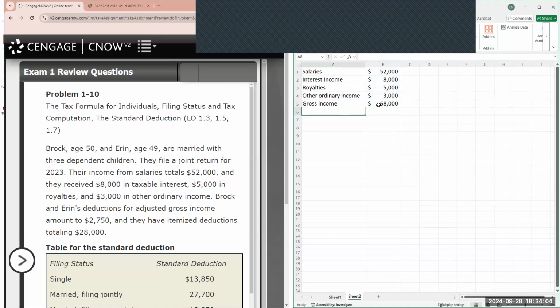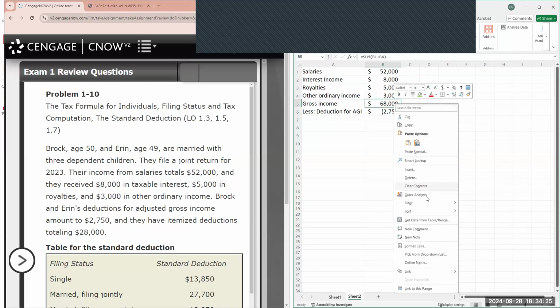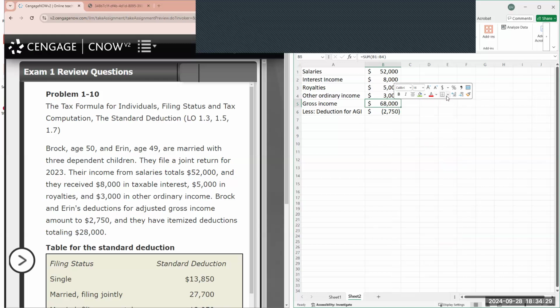So here we have our gross income. Now the next step is for us to subtract and deduct any deductions for AGI. The problem lets us know that deductions for AGI amount to $2,750.